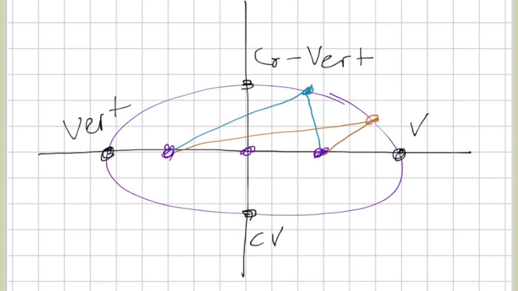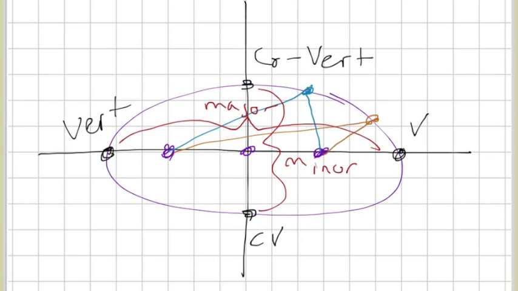Then we have what is called our major axis, and that's the long one. And the small one would be the minor axis.